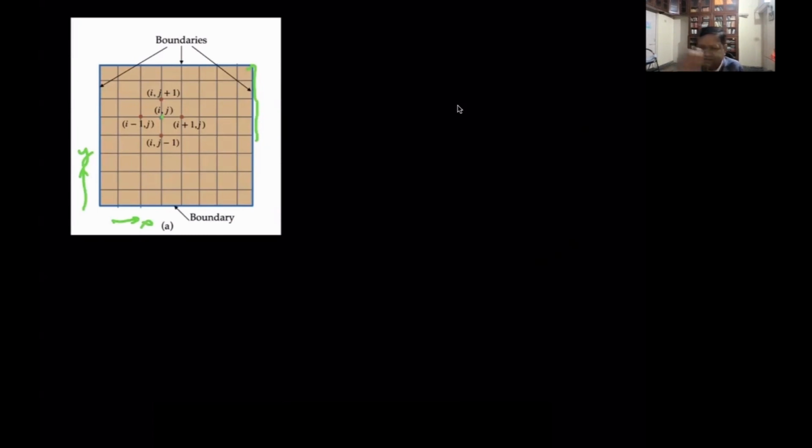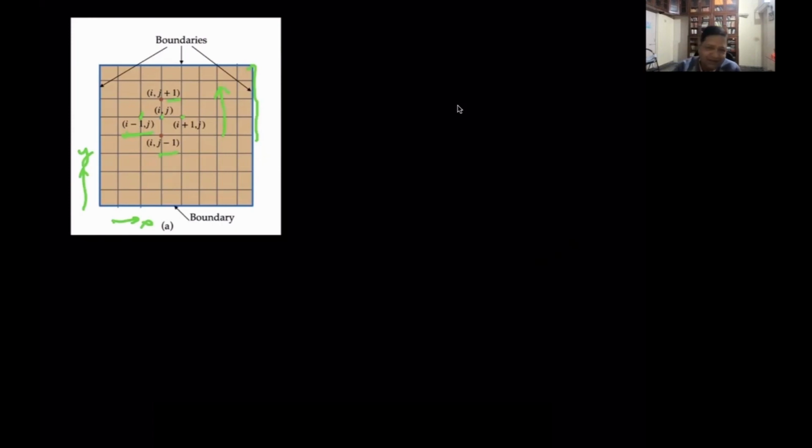So the x grid point is denoted by i and y by j. This one is i minus 1, j, and this point is i plus 1, j. If I traverse along the horizontal direction, I'll be increasing i. If I traverse along the vertical direction, I'll be increasing j, if I go up. So this is j minus 1 and j plus 1. This is just straightforward.